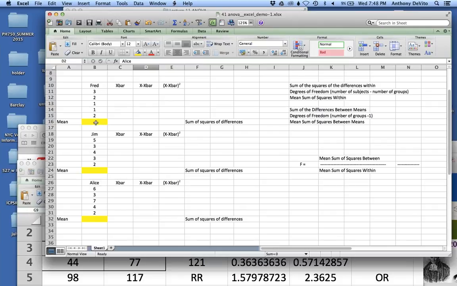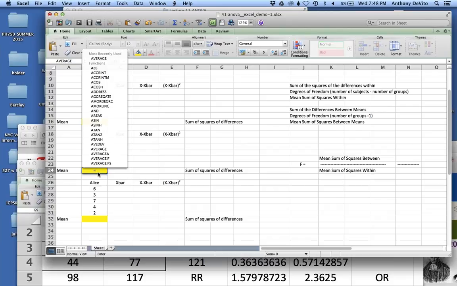So now, if I'm interested in the variability within each one of these groups, we've done this before, haven't we? For instance, for Fred here, we would calculate the average for the sample of 5 values that we have for that group.